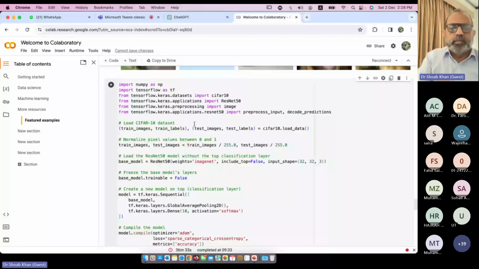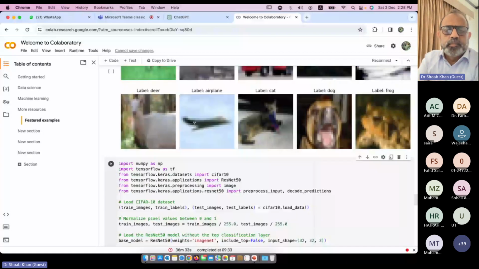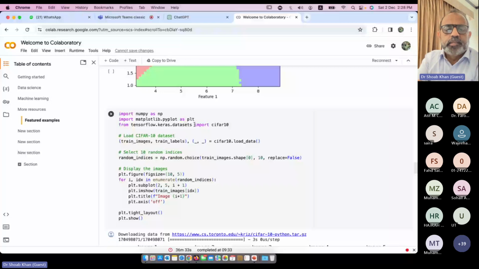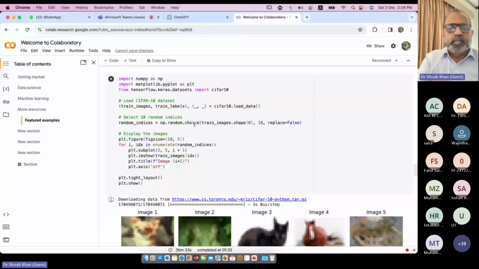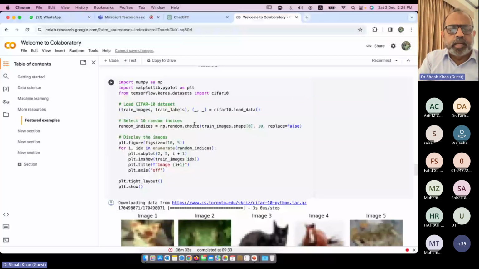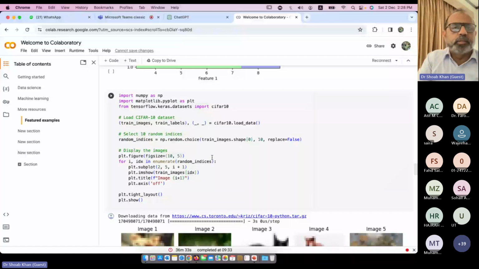Before even the exam I first solved it myself, and once I was comfortable that I could generate everything, then I put those questions. This is Colab, Google Colab.